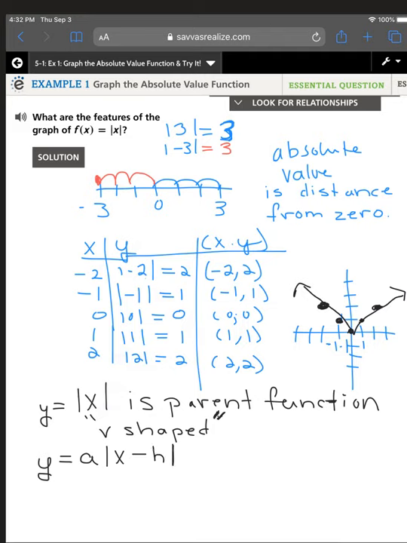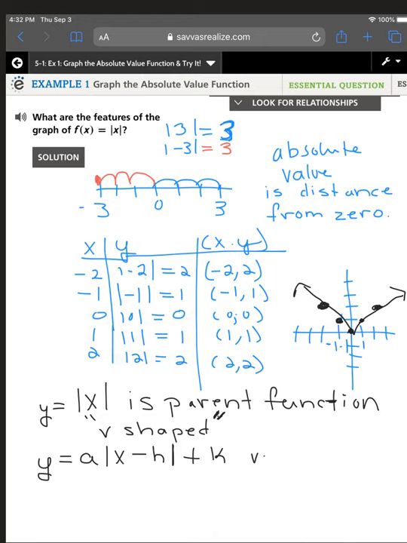Now, one thing I like to say over and over throughout the year, anything that is inside brackets or parentheses is kind of a liar, and you'll see next class why I'm calling it a liar. And then you have plus k on the outside. This is what we are going to call the transformation function, and if we have numbers in place of a, h, and k, they do something special. And we will look at that next class.